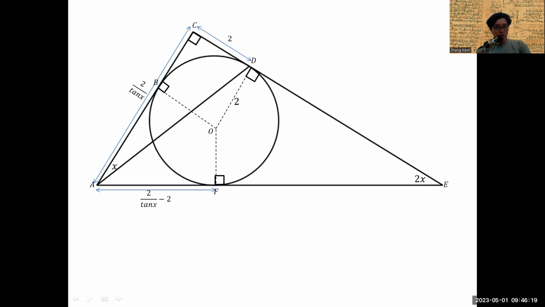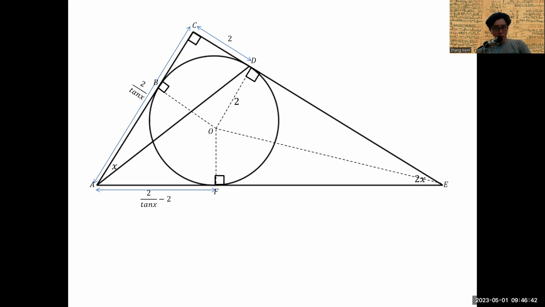So BC is 2 units and AC is 2 cotangent x. So 2 cotangent x minus 2, I get AB. So AB is also 2 cotangent x minus 2. In other words, AF is 2 cotangent x minus 2 units.